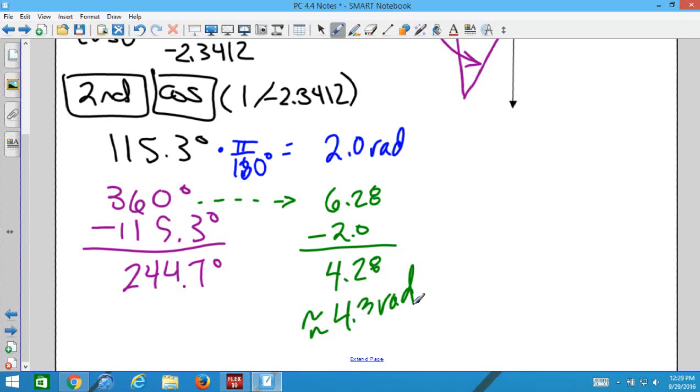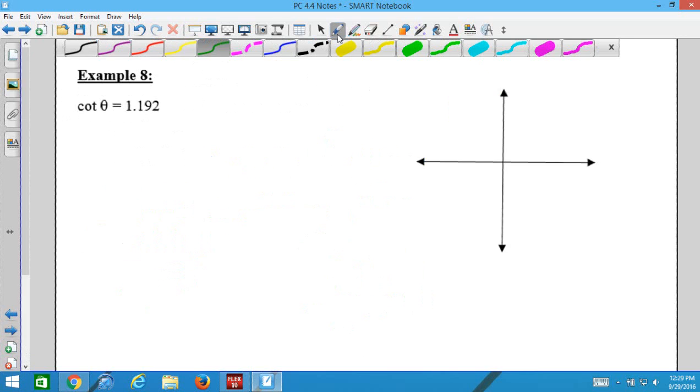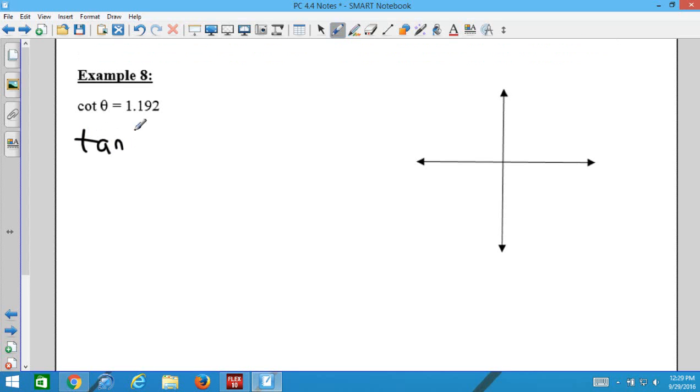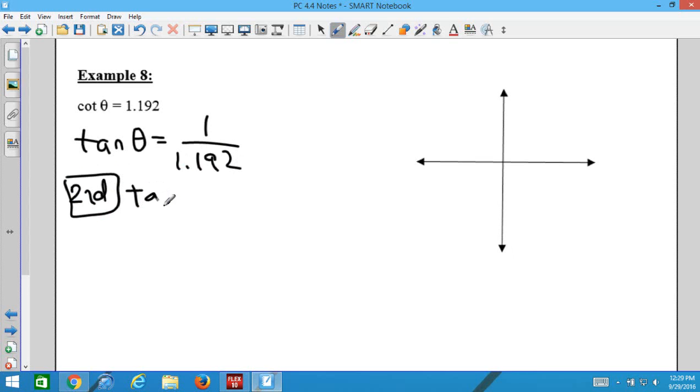All right, last one. So cotangent, there is not a second tangent button. Sorry, there is a second tangent, but there isn't a second cotangent button. So we need to change it into tangent, so we're going to do 1 over 1.192. And then on our calculator, we'll do second tangent of 1 divided by 1.192.